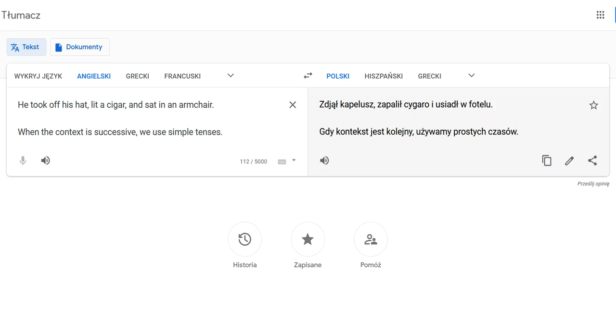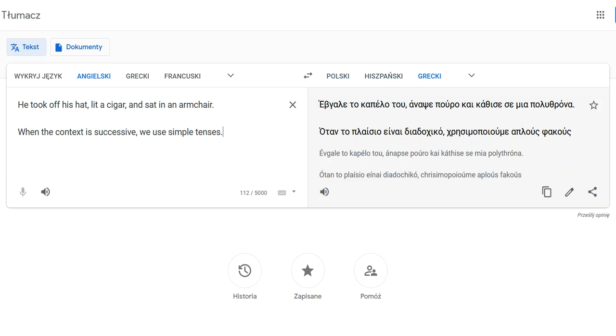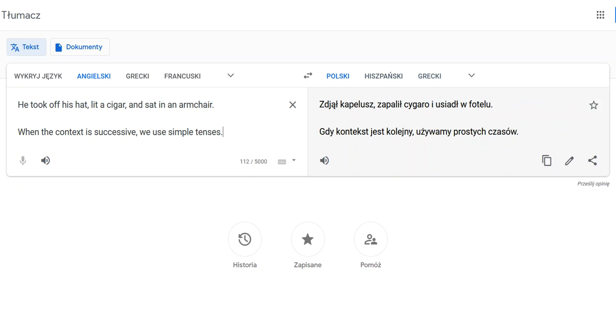You see? In this sentence, nothing indicates that something has or has not been completed.